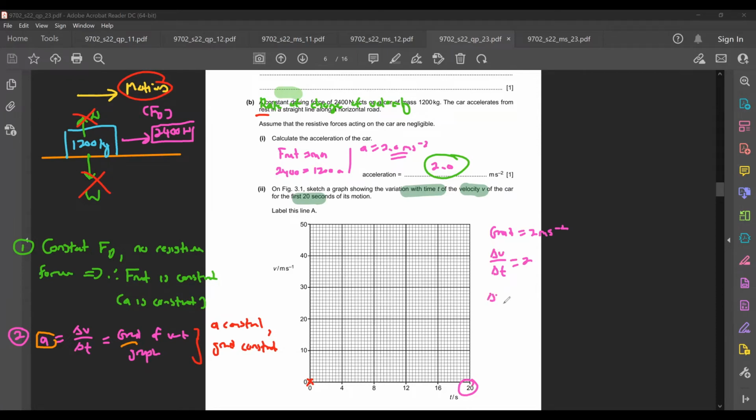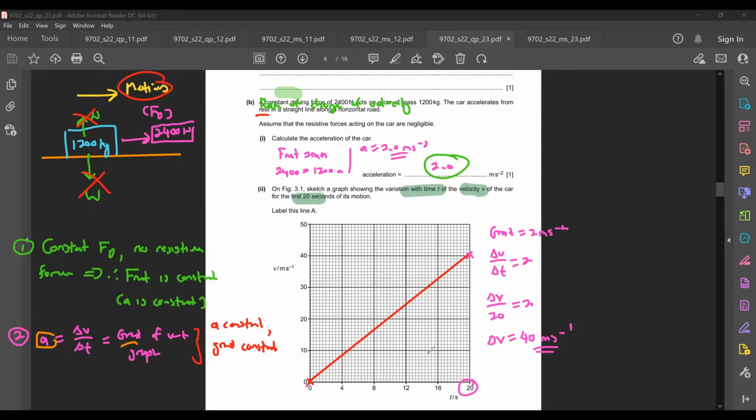This one will be delta V over 20 equals to 2. Delta V should be 40 meter per second. Not per second square, per second. Okay, so at 20, my change in velocity should have been 40, but because I start from 0, the final velocity should be 40. This one should be my final point. Okay, so this one should be the actual graph shape.